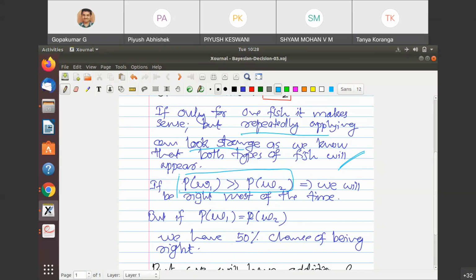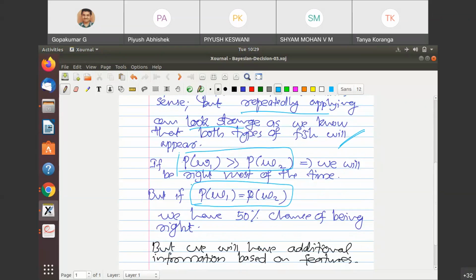But there can be situations where the probability of W1 is equal to the probability of W2, that is 50 percent. Then, if you are using the same rule, 50 percent of the time we will be right, and 50 percent of the time we are going to be wrong. So that is a very bad scenario. That is the case with a decision based on prior probability alone.